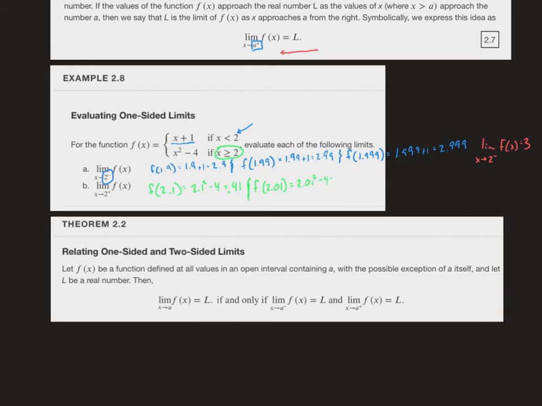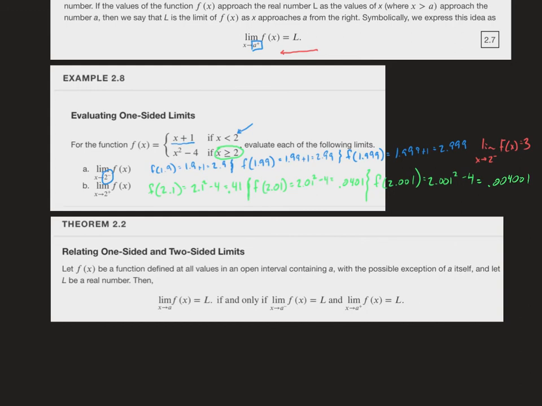For that one in my calculator, I got 0.0401. And then f of 2.001, 2.001 squared minus 4. And I got in my calculator 0.004001.